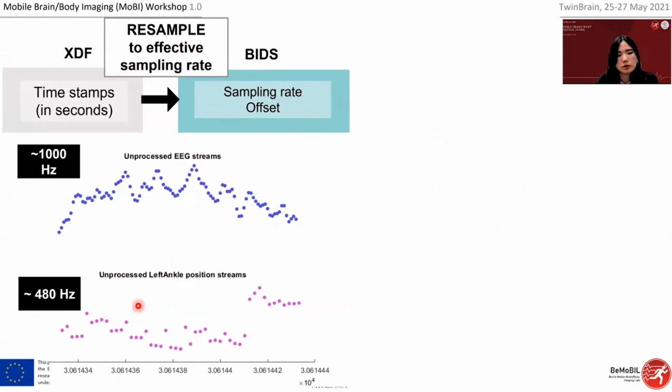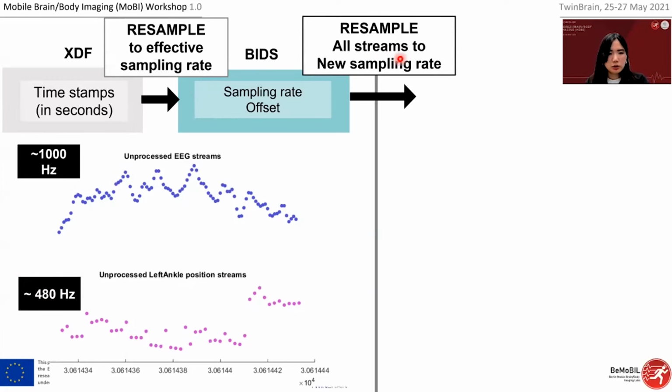In the scripts, we use the stream with the highest sampling rate, and all the other streams are synced with the motion stream that has the highest one. And then we resample for the purpose of saving disk space. So this now happens in the form of upsampling or downsampling.